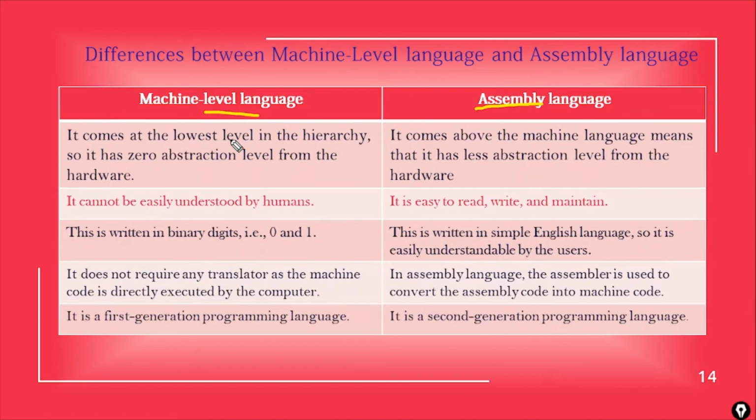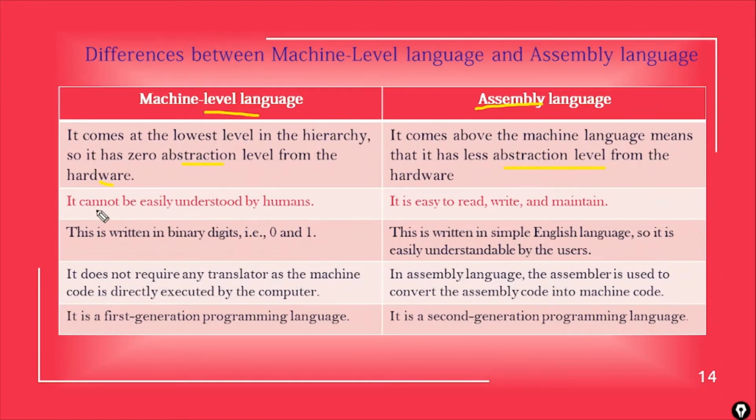Machine language comes at the lowest level in the hierarchy. So it has zero abstraction from the hardware. And assembly language comes above the machine language, which means it has less abstraction from the hardware.